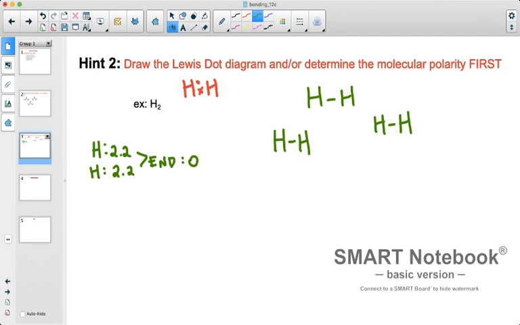So that tells us that the bond between these 2 hydrogens is a non-polar bond. They share equally. Now, since H2 is a small molecule, not only does it have a non-polar bond, but it is also a non-polar molecule.